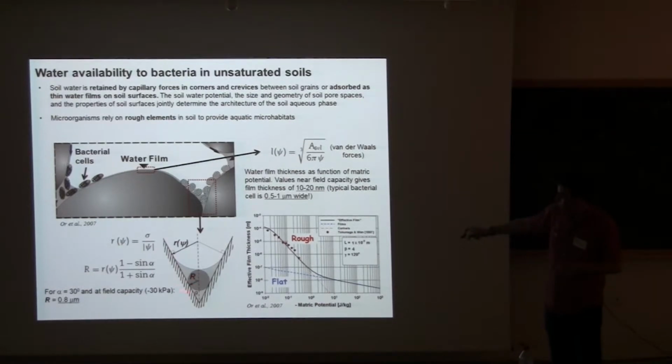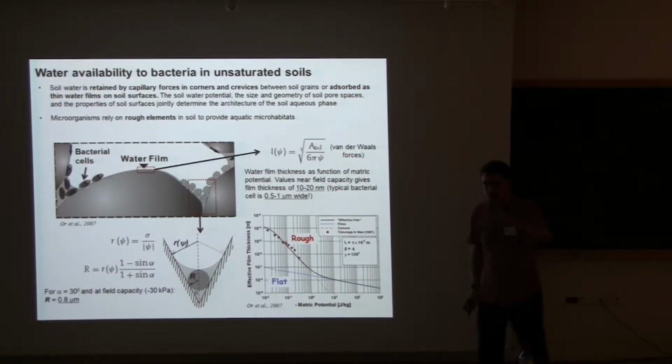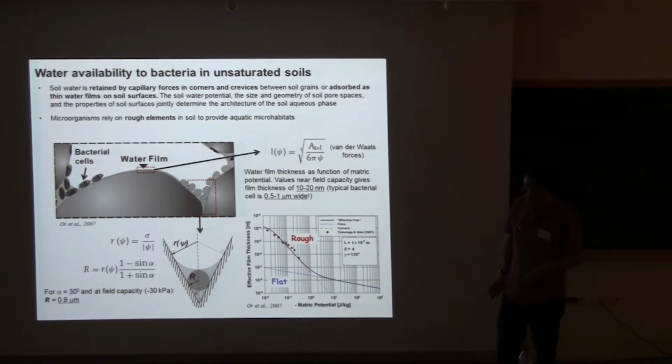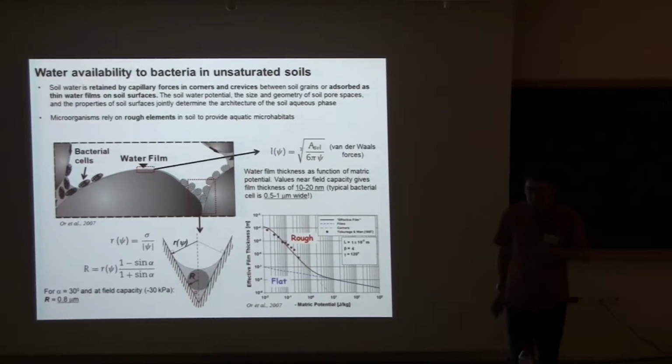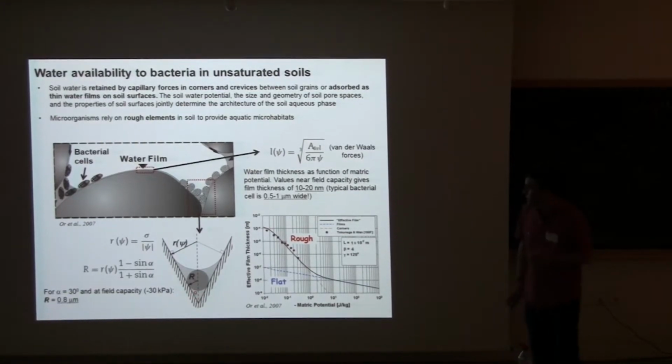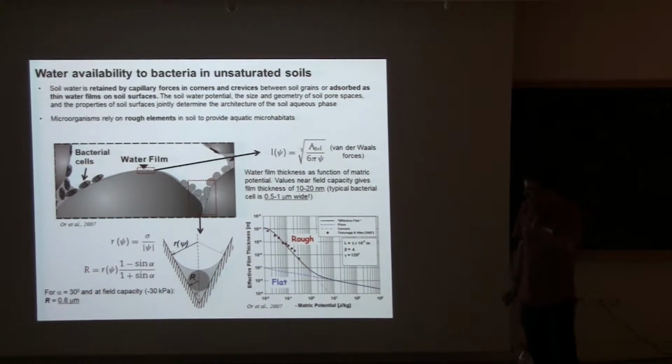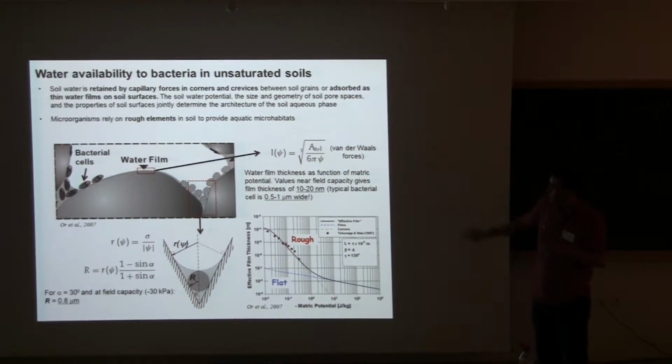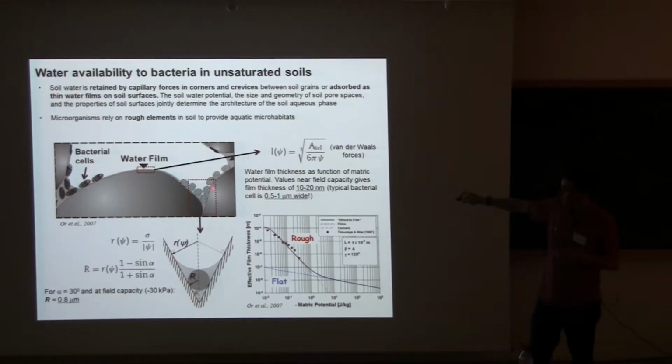Then, if you assume certain contact angles, you can predict the radius of a cell that could be immersed in this water. If you say angle 30 degrees, again field capacity for the matric potential, then we find a radius much closer to what we expect for bacteria, 0.8 micrometer. So you're more likely to find them in those kinds of areas than adsorbed to a surface.